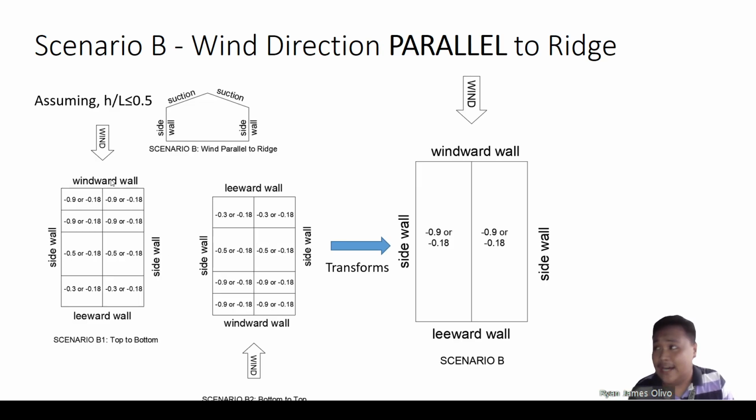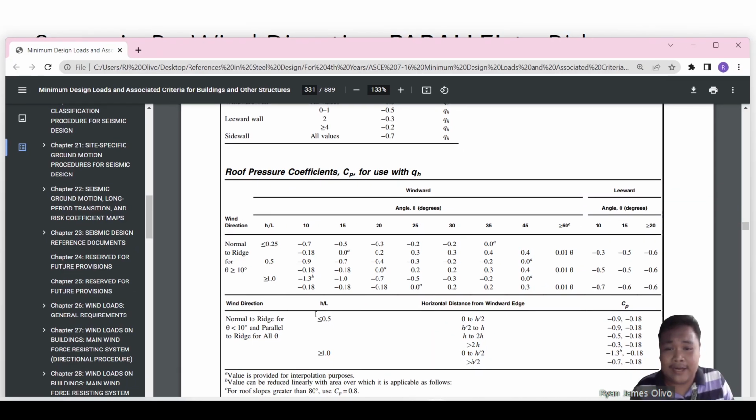Because as you can see, as the distance goes farther and farther away from the windward side, the coefficient of pressure is decreasing. So 0.9, 0.9, 0.5, and 0.3, assuming that our H over L is 0.5. Again, if we don't have the value for H over L here, do interpolation.